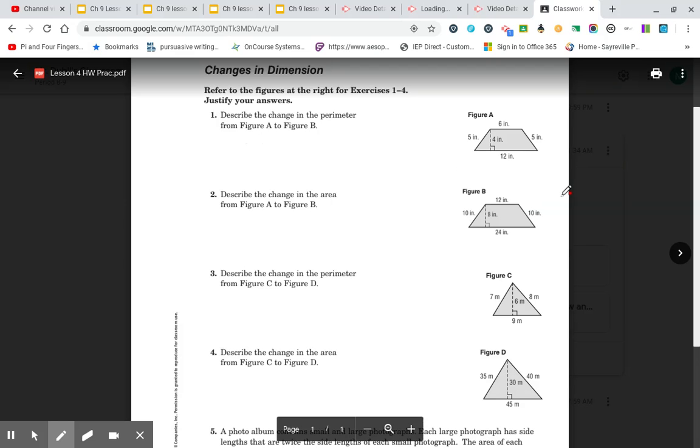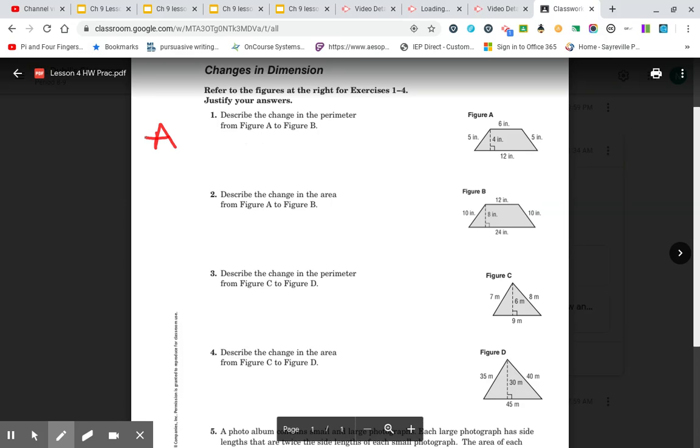So it's times 2. 2 times greater. So figure B is 2 times greater than figure A, but they want us to provide them with the actual perimeter.